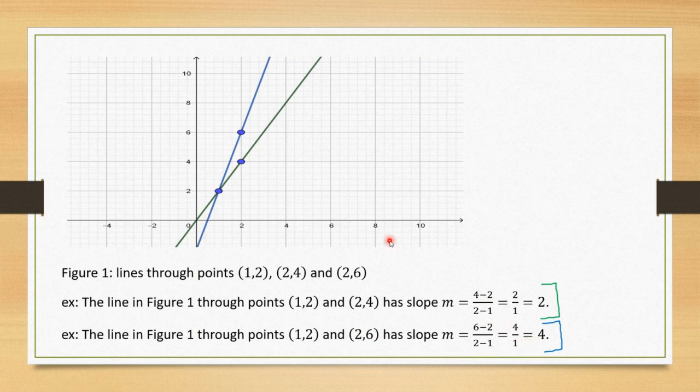Here, I'll write this down in a later slide, but I just want to point out that both of these lines have positive slope. If you increase x, meaning you're walking along the x-axis to the right, towards increasing numbers, you can see that the lines are rising.